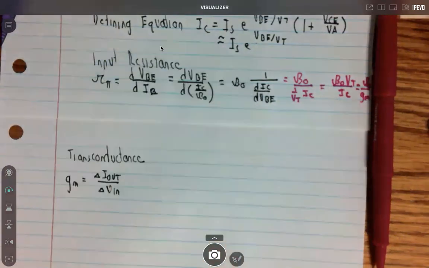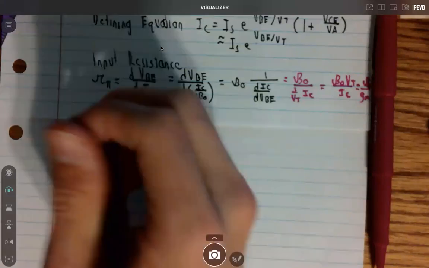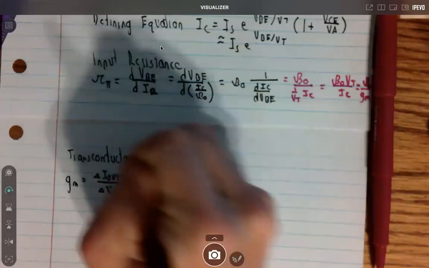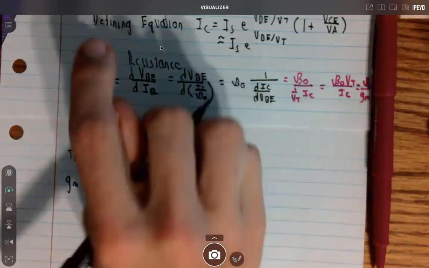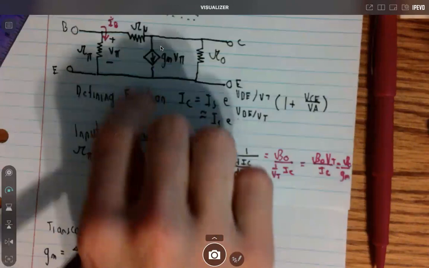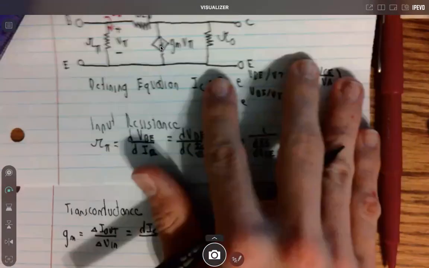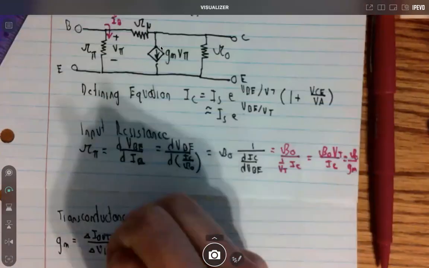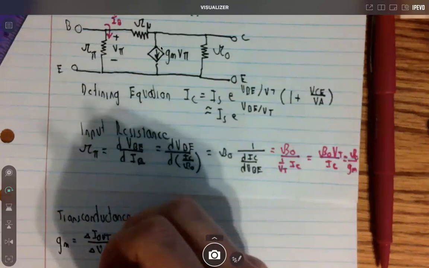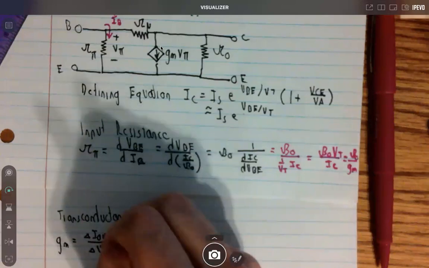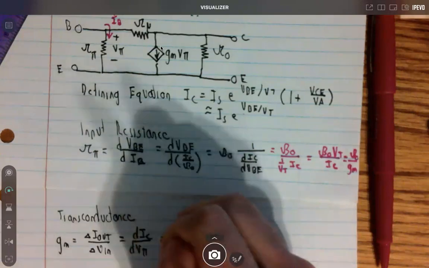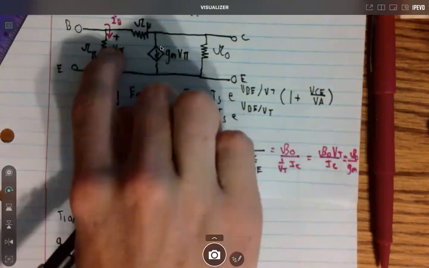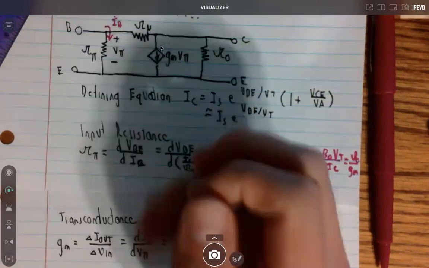Do you know the current output's always IC? So we can do dIC over the voltage input, which, if we look back up at our model here, the voltage input is V pi. So this is going to be the derivative of V pi. And that's the same thing as VBE. V pi is the exact same thing because it's just the voltage between the base and the emitter.